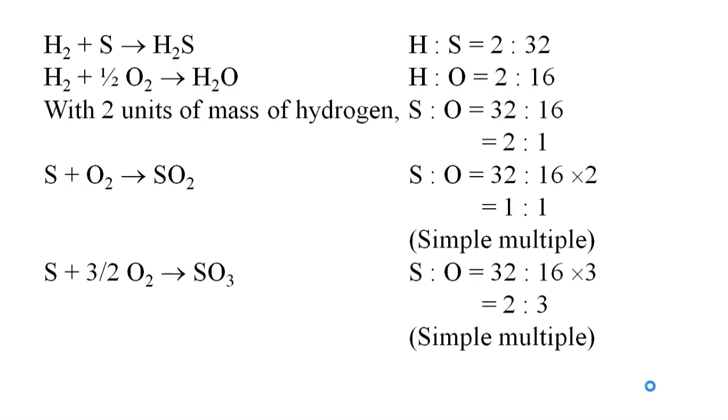Now, sulfur and oxygen also combine to form sulfur dioxide. Here in sulfur dioxide, the ratio of sulfur and oxygen is 1:1, which is a simple multiple of 2:1. Similarly, sulfur and oxygen also combine to form sulfur trioxide. In sulfur trioxide, the ratio of sulfur and oxygen is 2:3, which is also a simple multiple of 2:1.